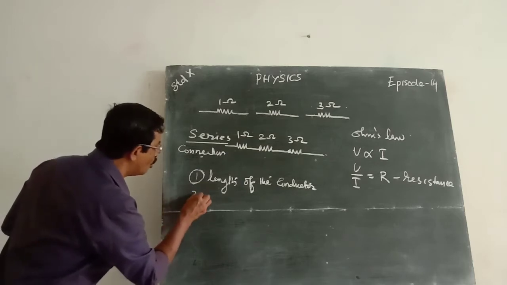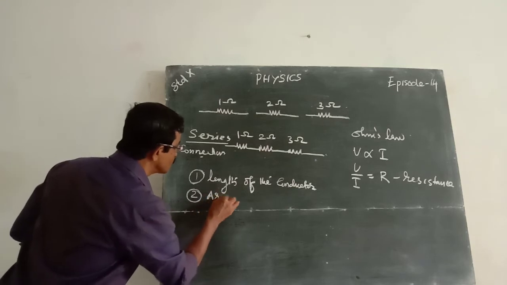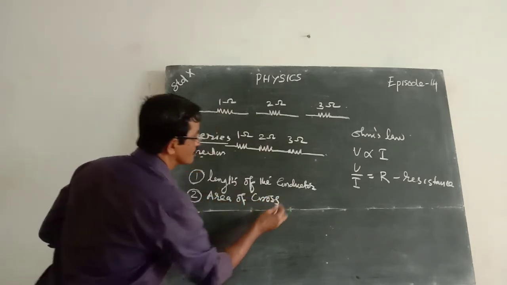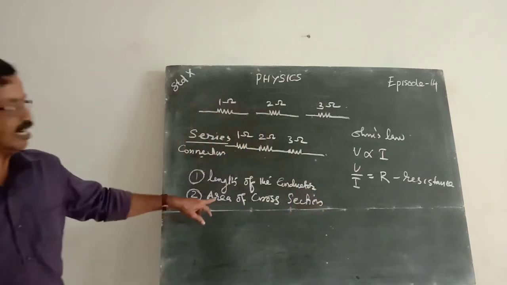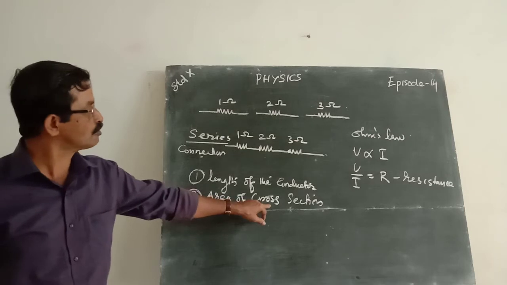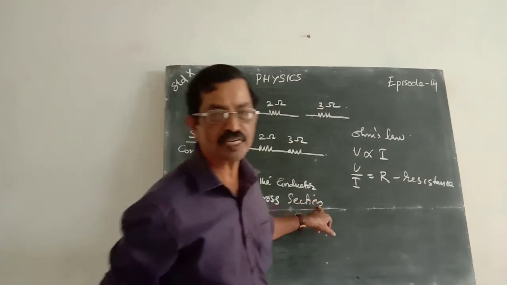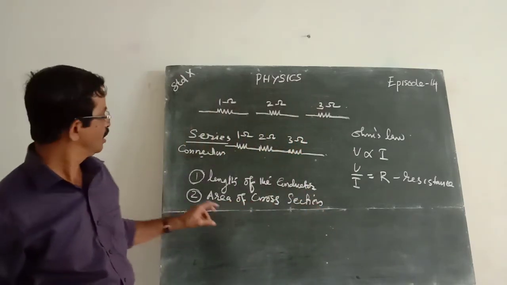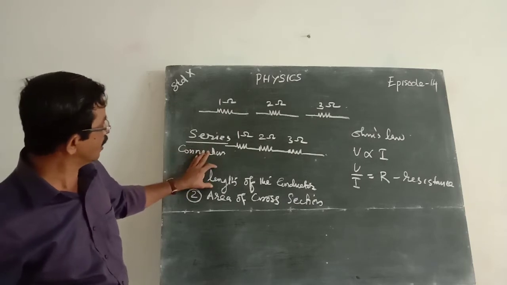And the second factor is what? Area of cross section. Otherwise, we can say cross sectional area or thickness of the conductor. First is length of the conductor.